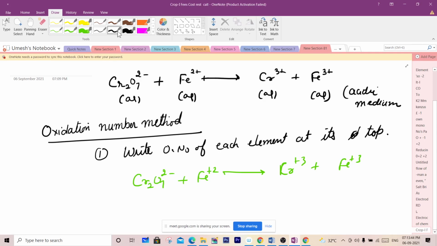Oxidation number plus 6, plus 2, plus 3, plus 3, right?